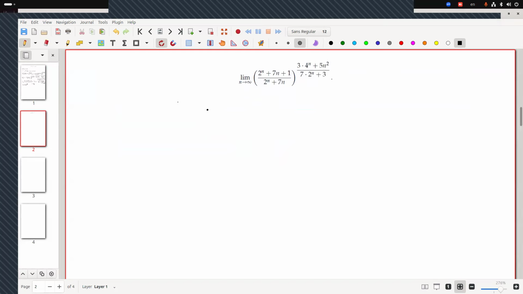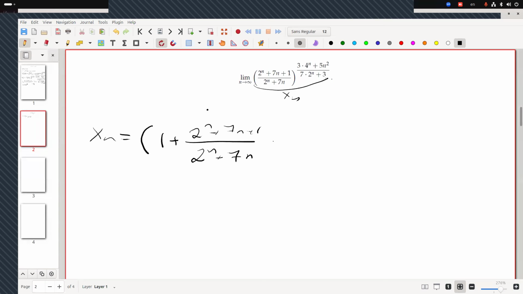Plus 1 minus 1. Yes, it's again the 1 to the power of infinity form. And our xn can be written as 1 plus (2n plus 7n plus 1) minus 1, right? Bringing into a common denominator, we'll get minus 2n.